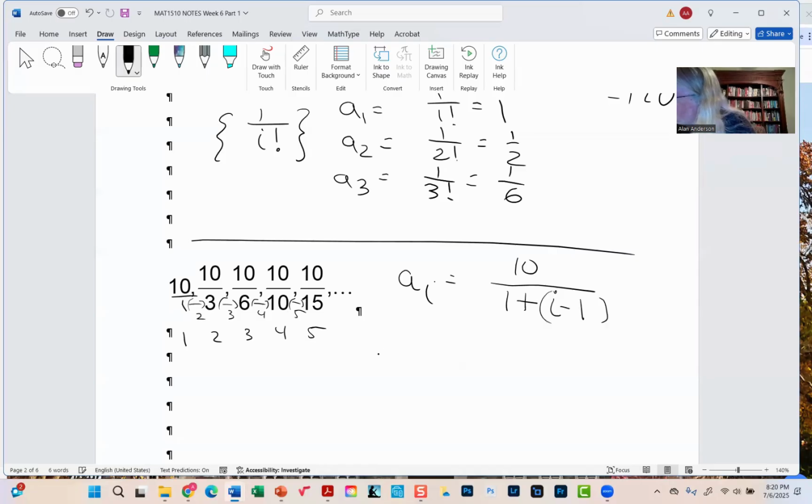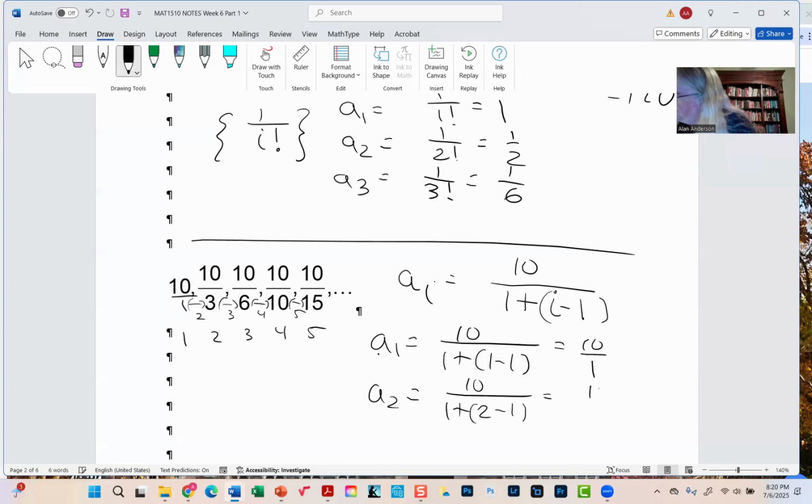Let's see if that works. No, that didn't work, because it's two minus one.